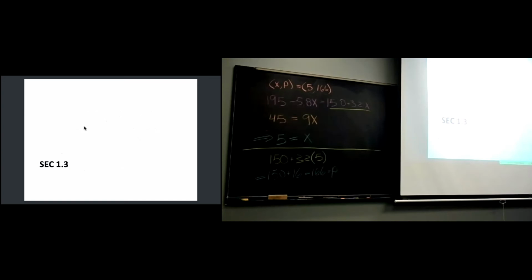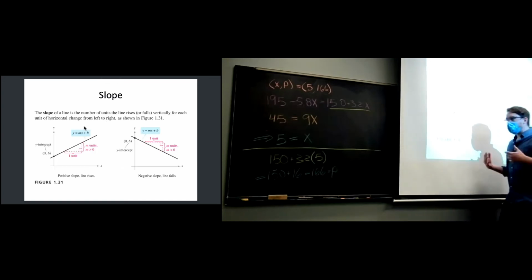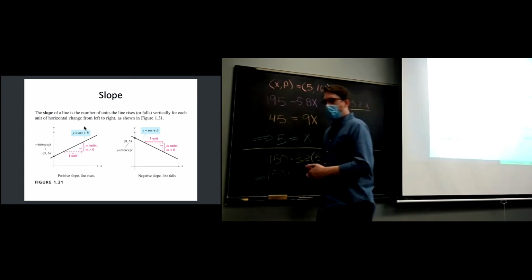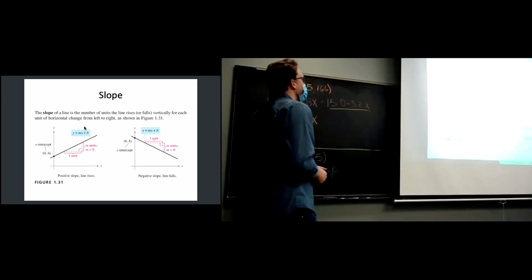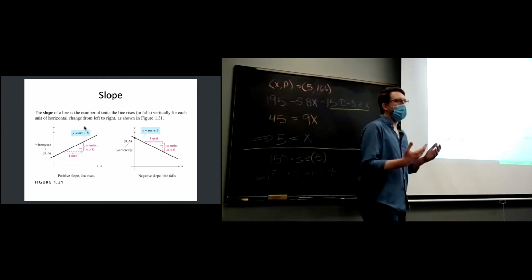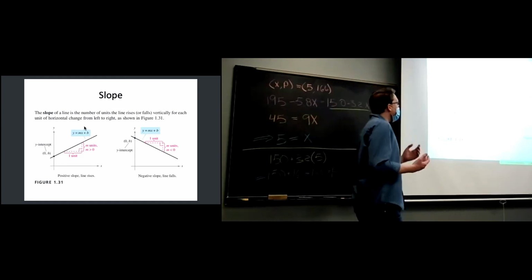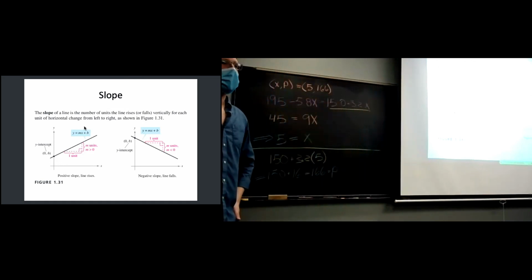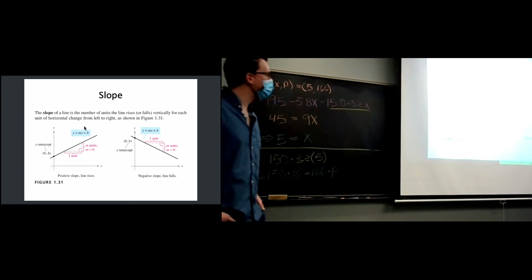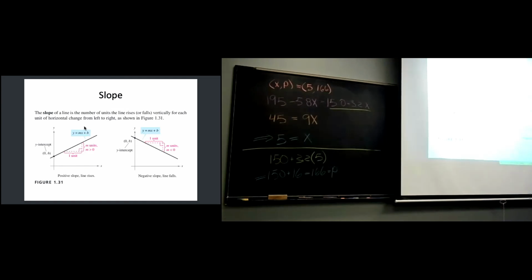So, section 1.3. Section 1.3 begins the good stuff. We're going to start talking about slope. Slope is really just this idea of inclination of a line, right? What slope tells you is, we've got some line, how inclined is it relative to what we're looking at, or relative to how we're measuring it.